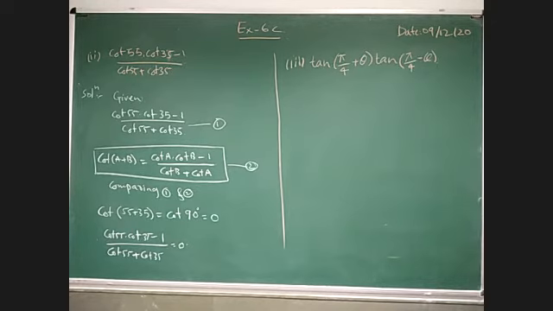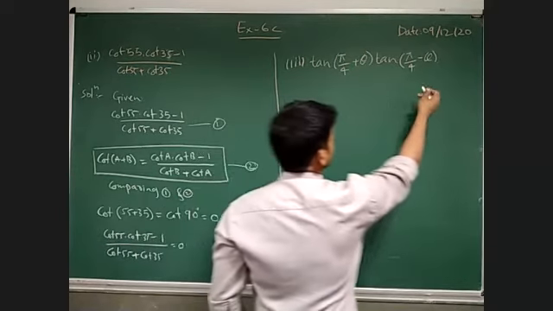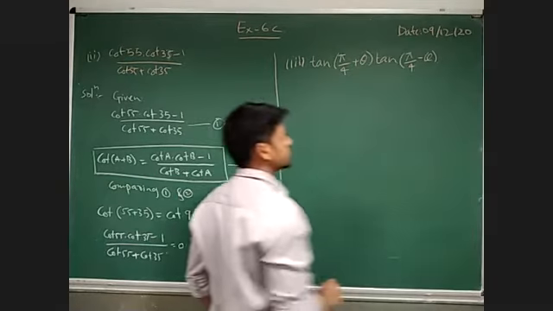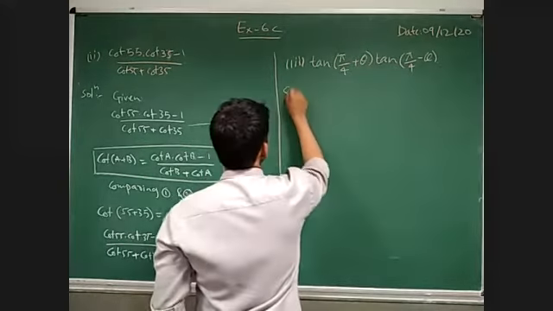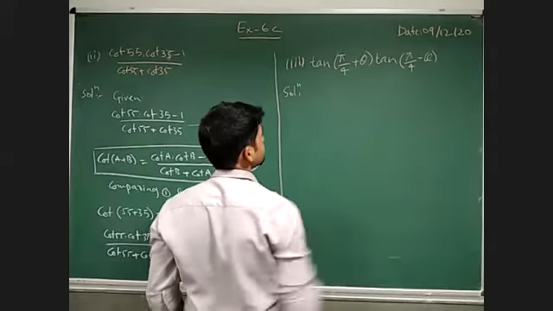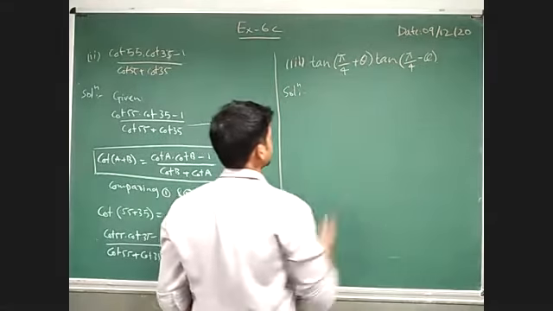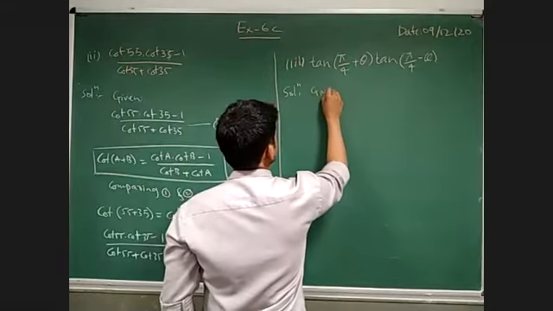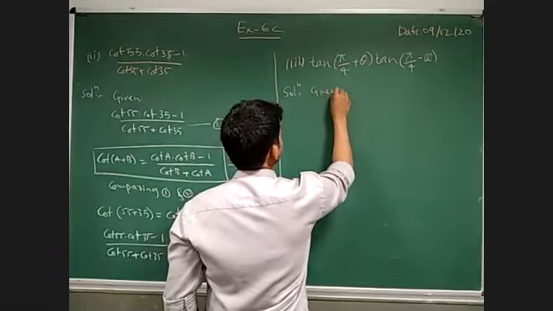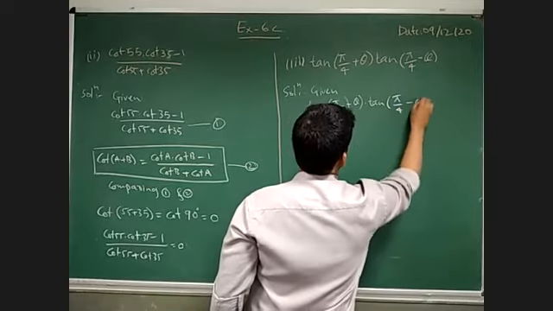The third question is tan (pi by 4 plus theta) into tan (pi by 4 minus theta). So the solution will be, just see here, we know one formula. First of all, just write the given: tan (pi by 4 plus theta) into tan (pi by 4 minus theta).